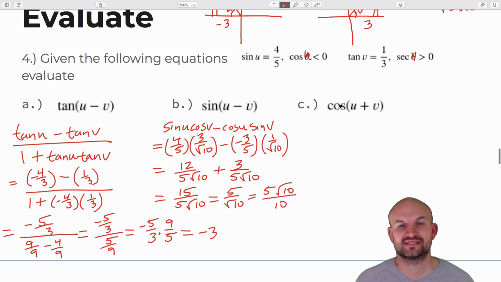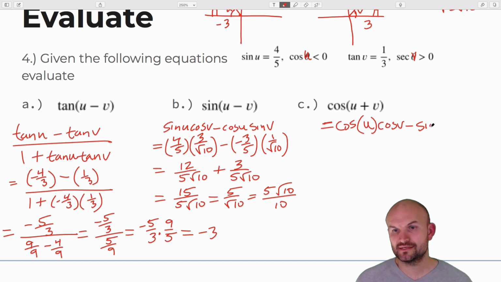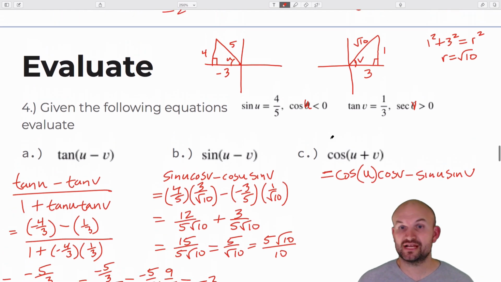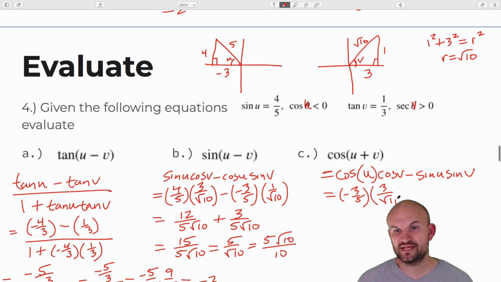And again, it's just practice, a lot working with these formulas. So by working the formulas here, I have the cosine here of u times the cosine of v minus the sine of u times the sine of v. So again, the cosine of u here is going to be negative 3/5 times the cosine of v, which is a 3 over square root of 10.